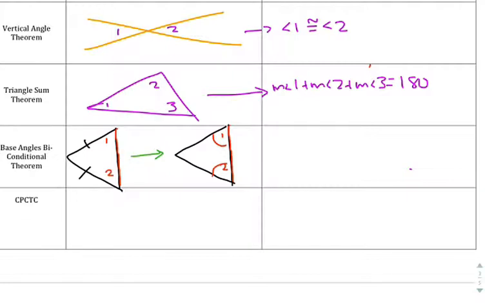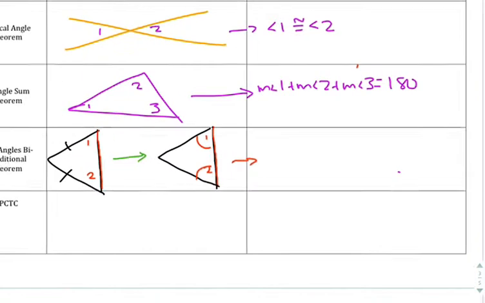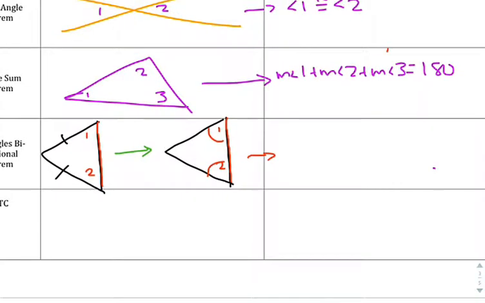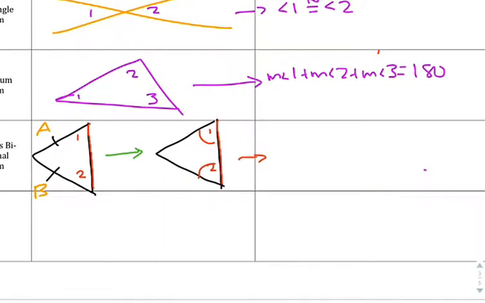And let's go ahead and write it. So this is a biconditional theorem, so this is like an if and only if statement. Just for our own use, I'm going to call this side up here side A, and this is side B. And so this theorem states that A is congruent to B if and only if angle 1 is congruent to angle 2.